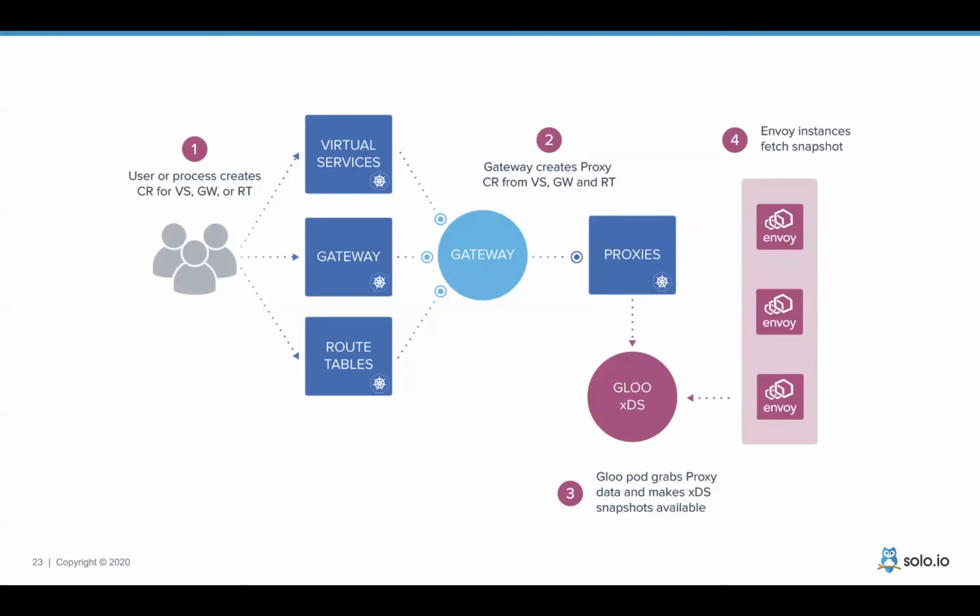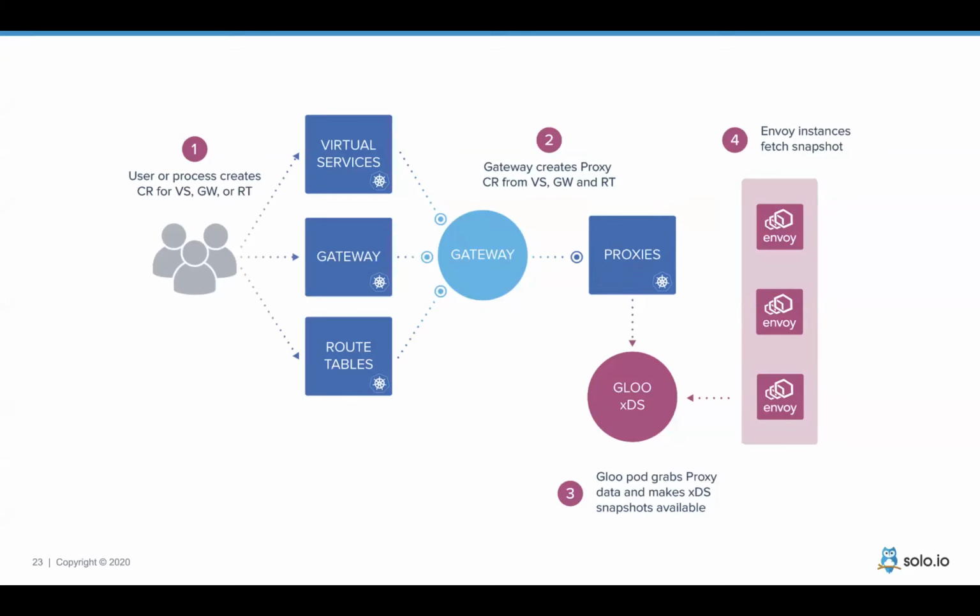So just to summarize that picture, the gateway pod is the gateway component of open source Gloo, and it's watching those user-contributed objects. They're watching virtual services and your routes and any other objects that might exist. And the gateway component is responsible for writing that proxy object. So rather than have users edit it directly, as we said before, we didn't want that, we'll have the gateway component write that.